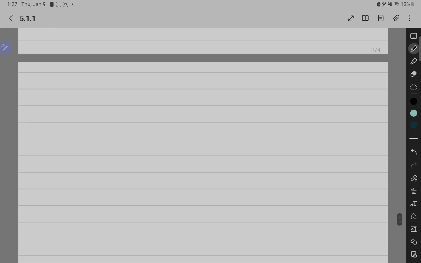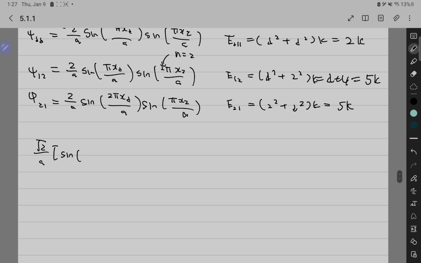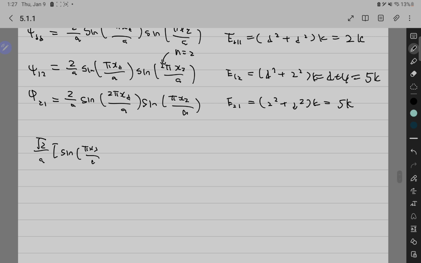If you use that formula for bosons, it's going to be the square root of 2 over a, sine of pi x1 over a, sine of 2 pi x2 over a. Because remember, when it's a boson and you swap the particles themselves, nothing happens. Before swapping is equal to after swapping, with energy equal to either 2k or 5k.